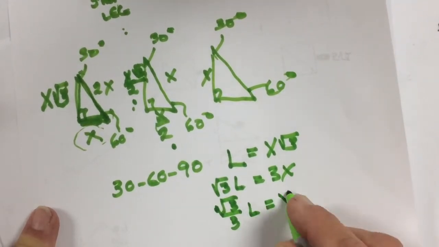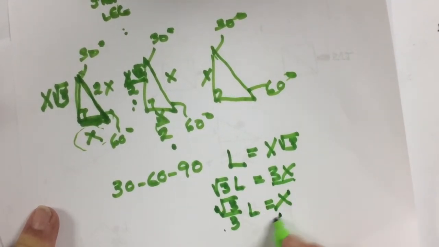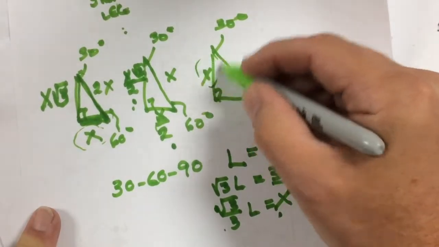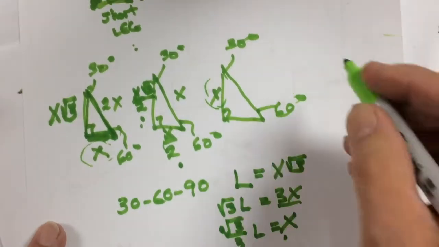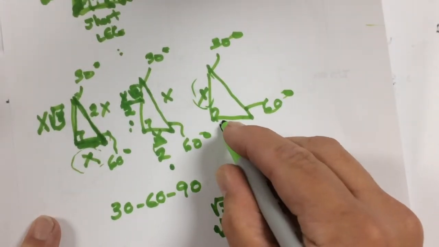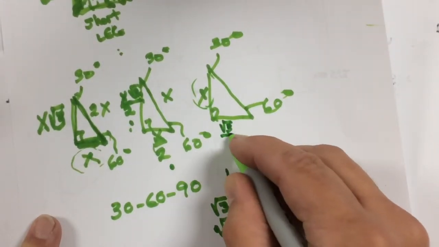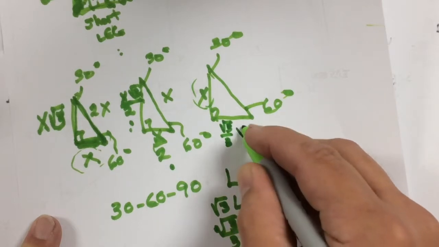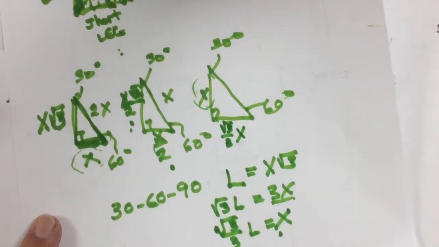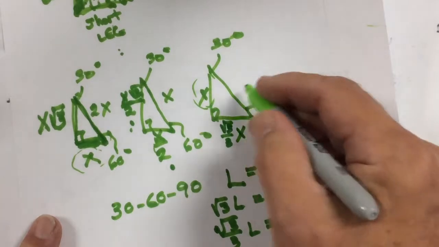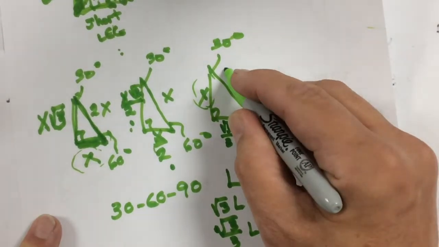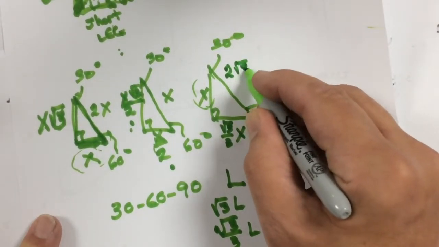If I divide both sides by 3, I get that. And that tells me that if I know what this is right here, the short leg is going to be that number times the square root of 3 over 3. And the hypotenuse is going to be twice as big.